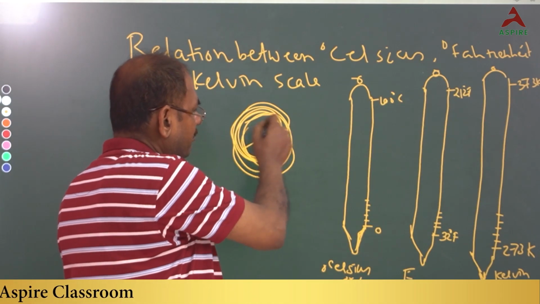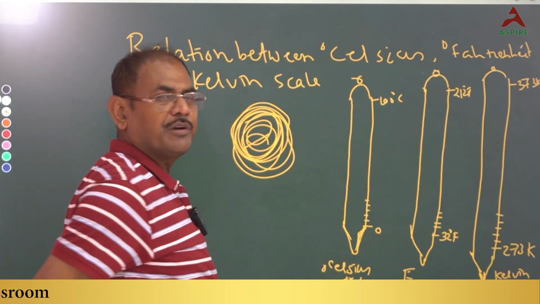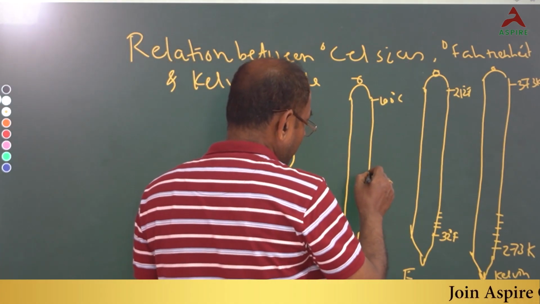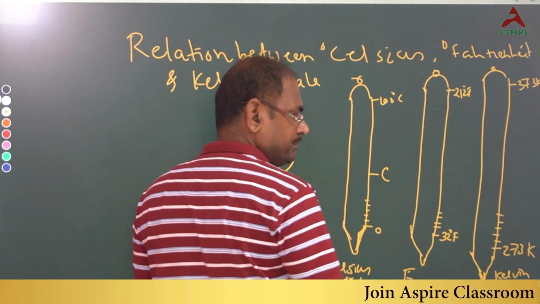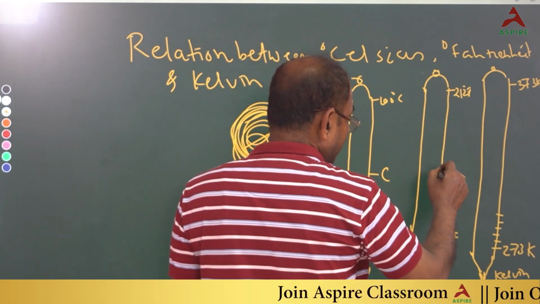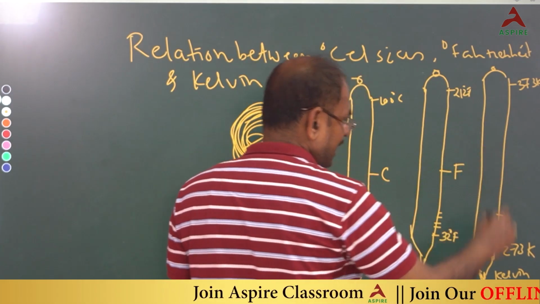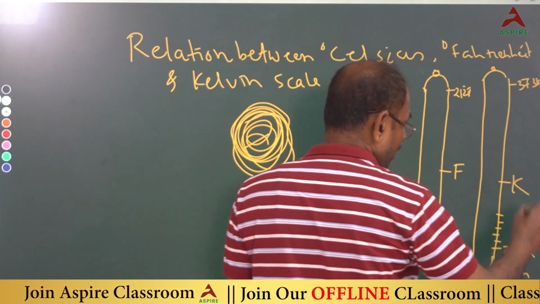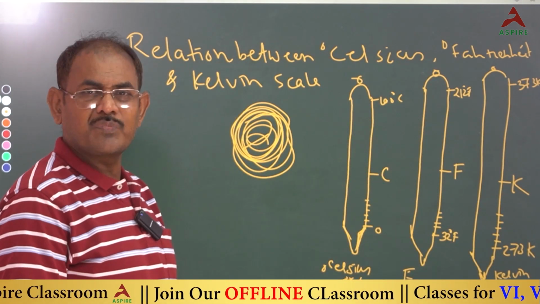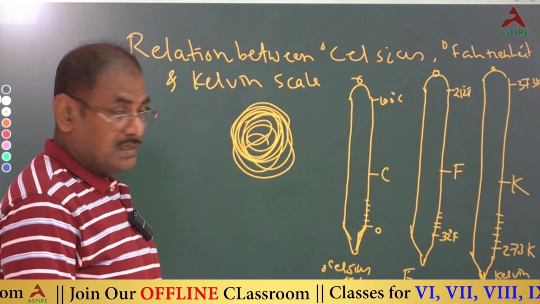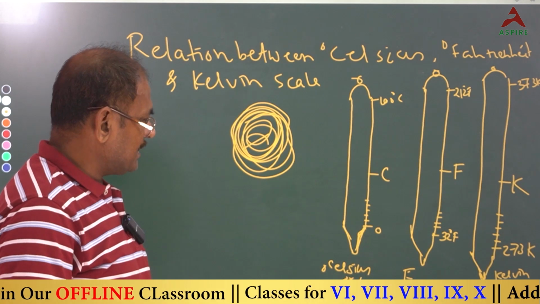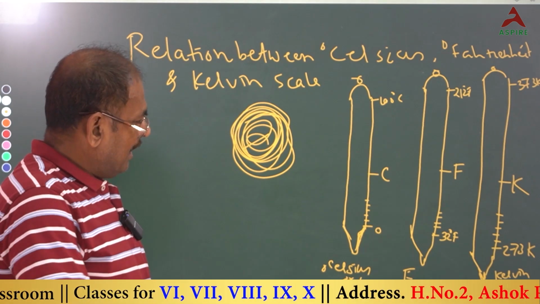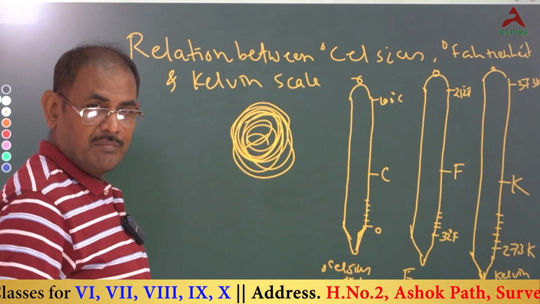Let C be the reading for the degree Celsius scale, F be the reading for the Fahrenheit scale, and K be the reading for the Kelvin scale. Is that clear?